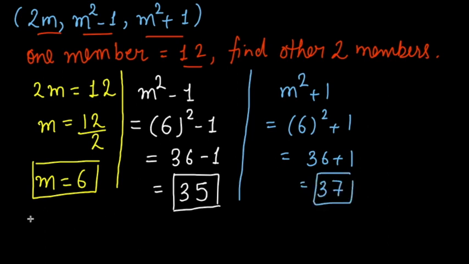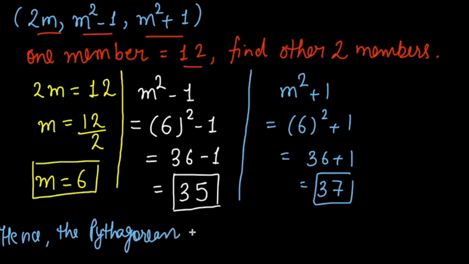So we can write, hence, the Pythagorean triplets will be 12, which was given to you, then m square minus 1 is 35, and 37.